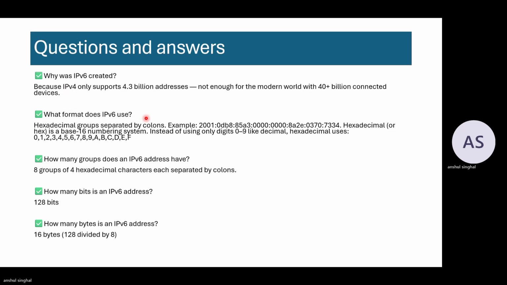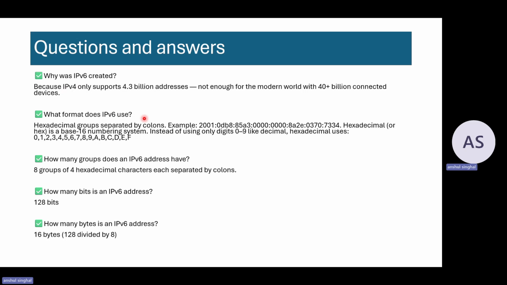Because IPv6 is actually created to support a long range, as we know that for IPv4, it's just to keep our 32-bit addresses.